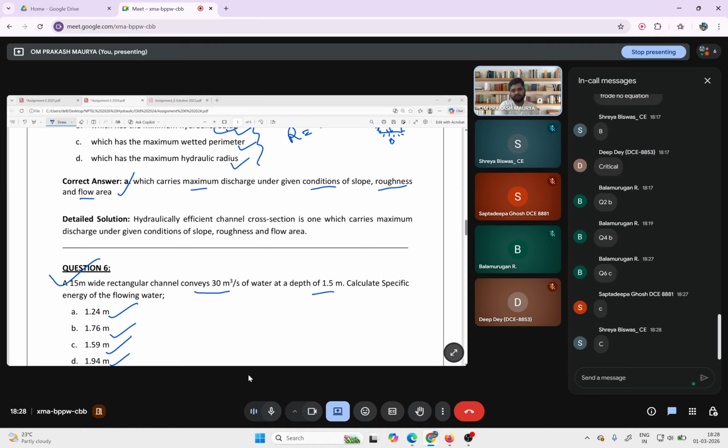Okay, so let me just explain to you what exactly. One student says 1.529 from the calculator. Okay, 1.529, maybe some typo mistake in the option.